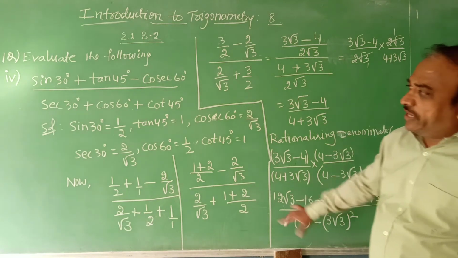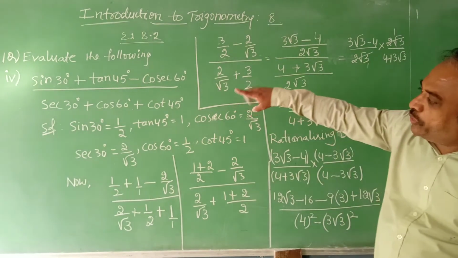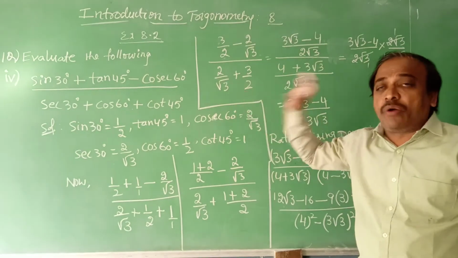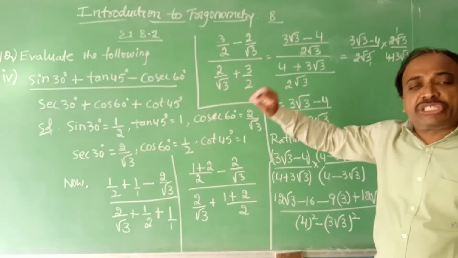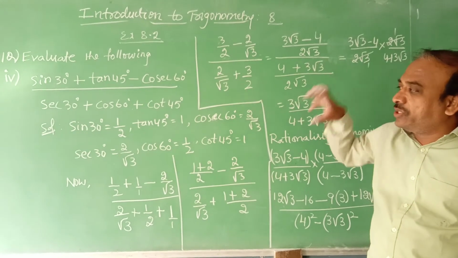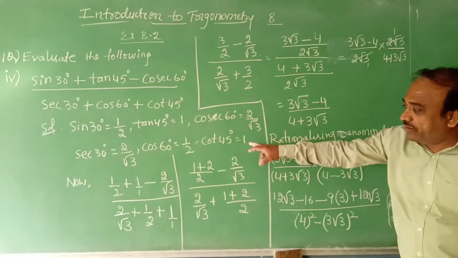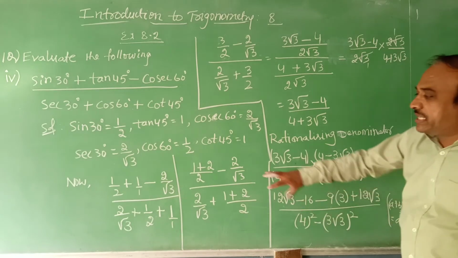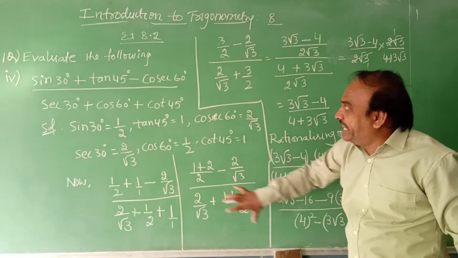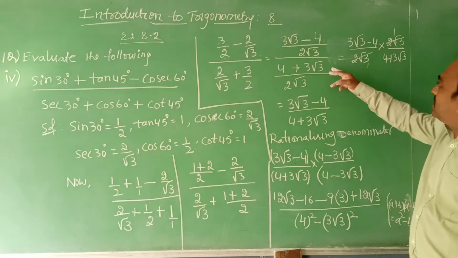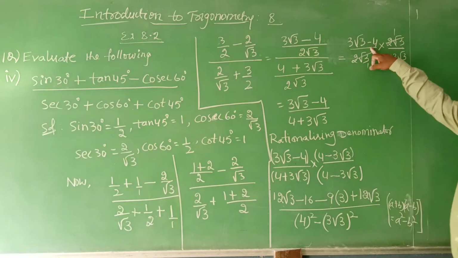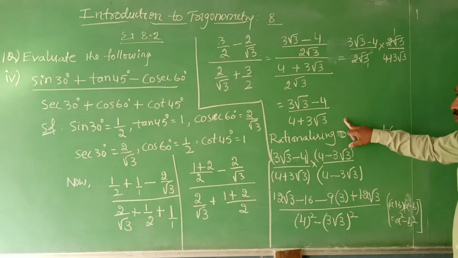So the first step, we are just substituting the values. First we write down all the trigonometric angle ratios: the sin 30 value, the tan 45 value. Then we substituted and simplified the numerator part and denominator part separately. After that, these two fractions reciprocal. Then 3 root 3 minus 4 by 4 plus 3 root 3.